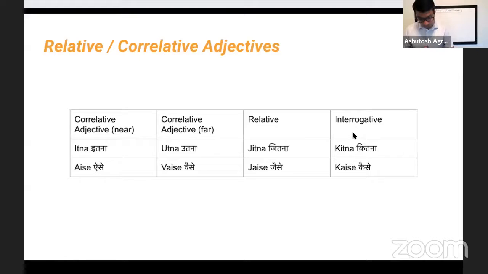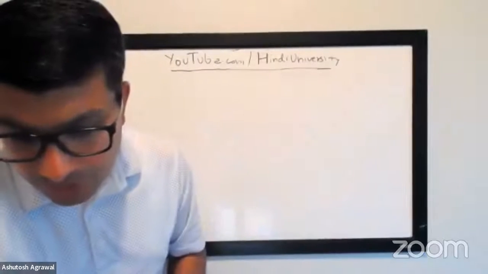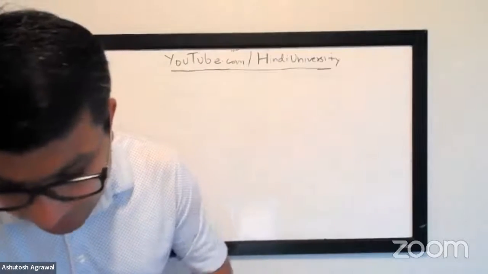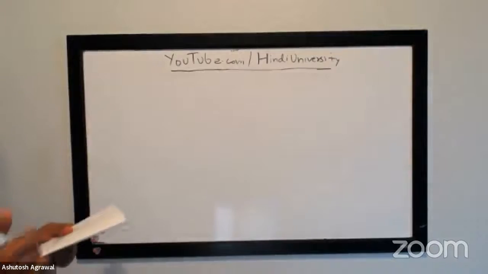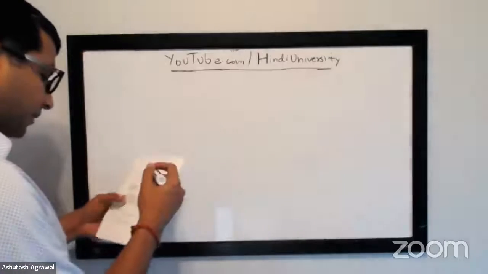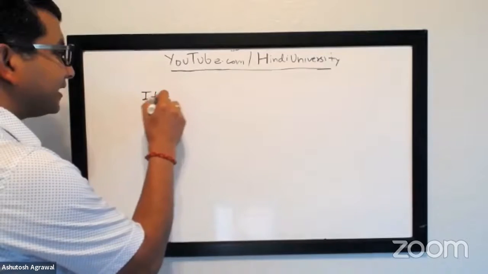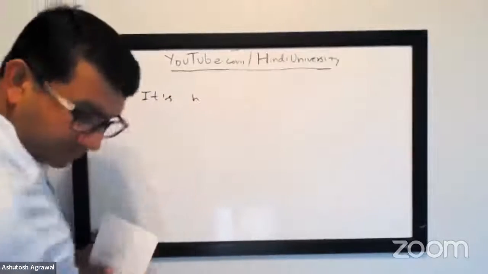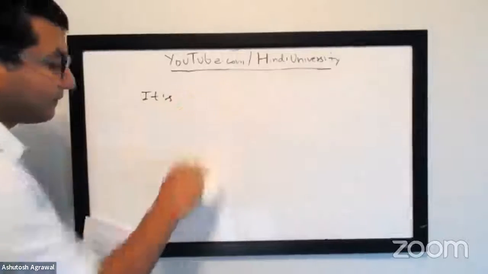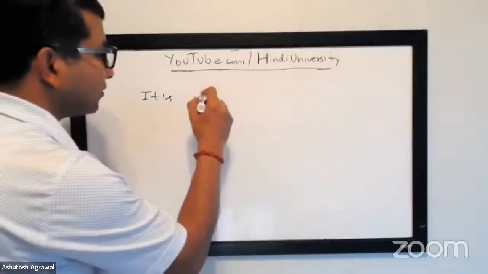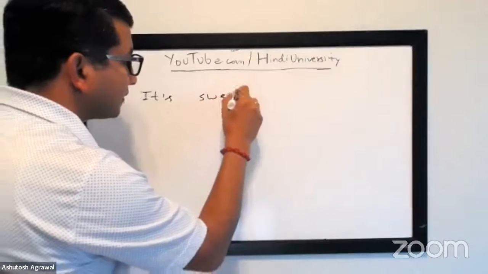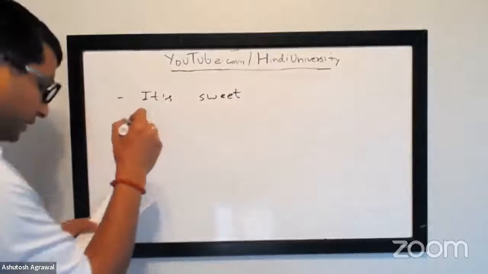How much? Okay, so imagine you want to compare and contrast. I hope you were able to write it down. We'll do the whiteboarding session now. Imagine you have to compare and contrast, and you want to say something like, it's sweet. We'll start simple. First let's do that: it's sweet.